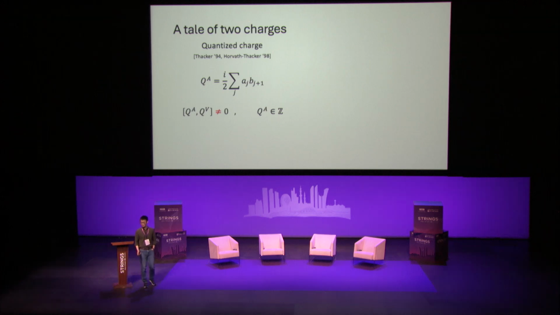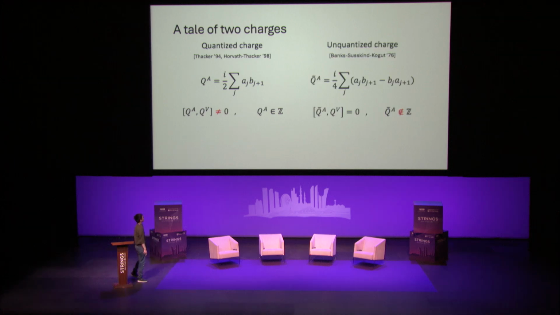Now, you could be a person who is really religious about the fact that vector and axial symmetry should commute. Well, in that case, there's also something for you. There's a different axial charge, which I denote by tilde QA. It also commutes with the Hamiltonian. And furthermore, it commutes with the vector charge. This charge was already discussed in the paper by Banks, Susskind, and Kogut in '76.